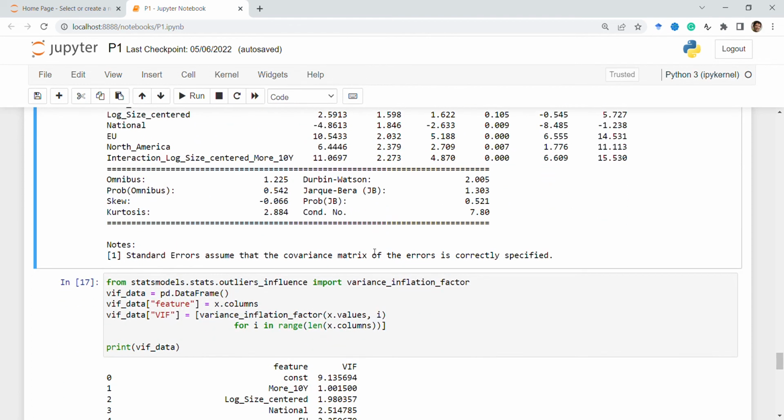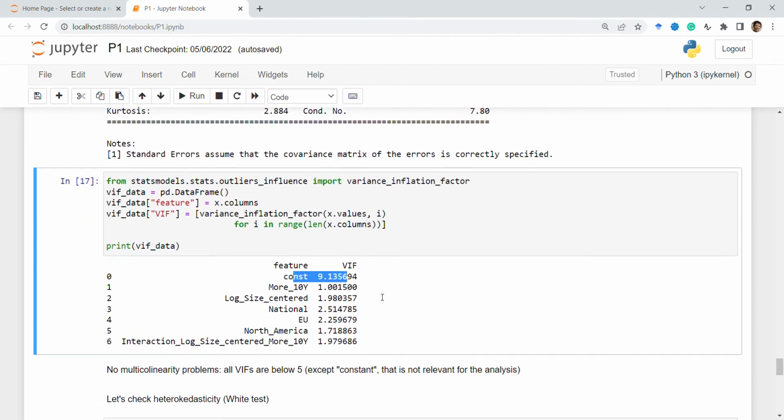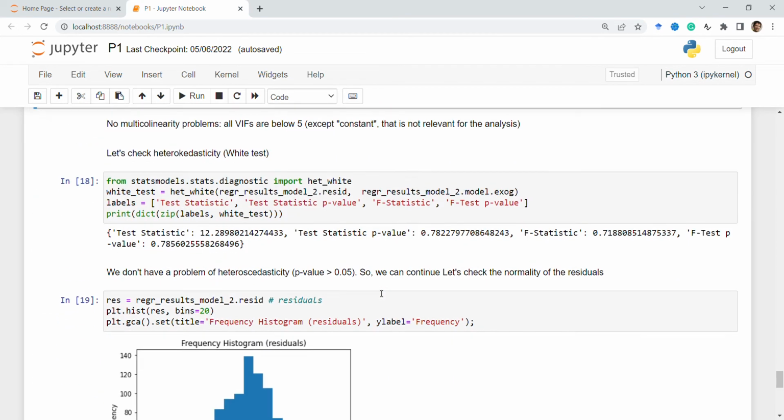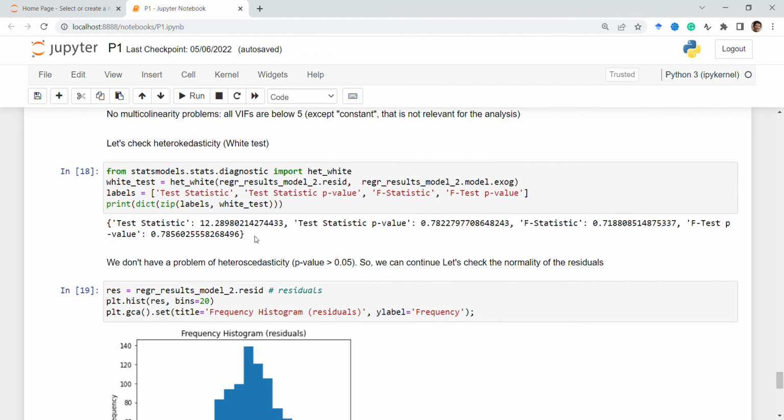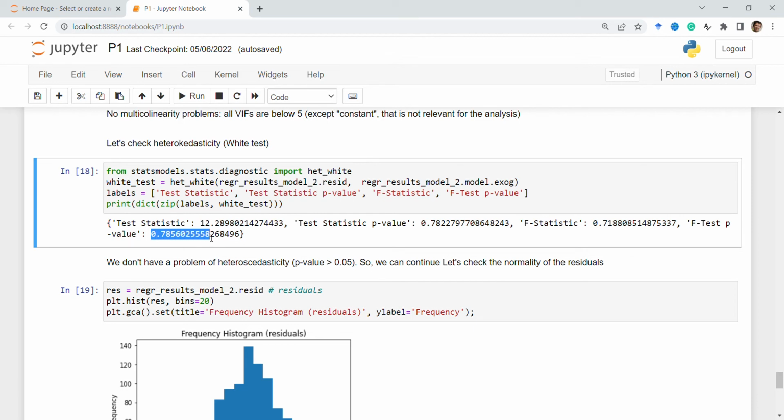And as we did before, let us check if we have problems with any one of the columns of the predictors. We see that the variance inflation factors are all small except the one for the constant, but this doesn't count. And then we check heteroscedasticity. We see that the p-value is high, so we cannot reject the hypothesis that the data is homoscedastic.